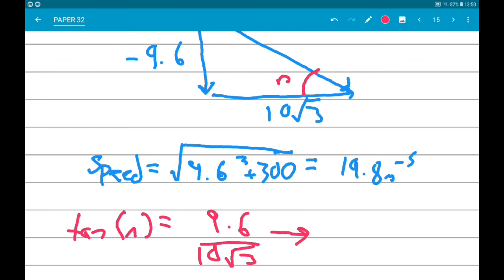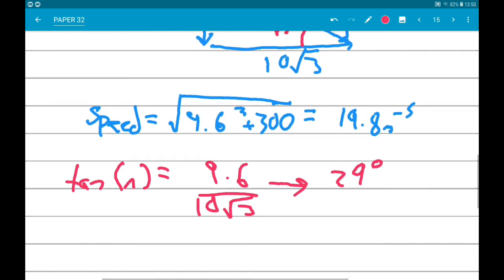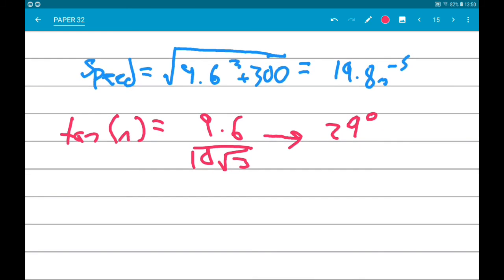So that tells us N is 29 degrees. So its velocity is 19.8 meters per second at 29 degrees to the horizontal.